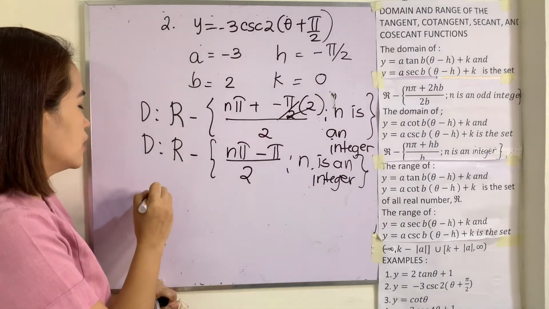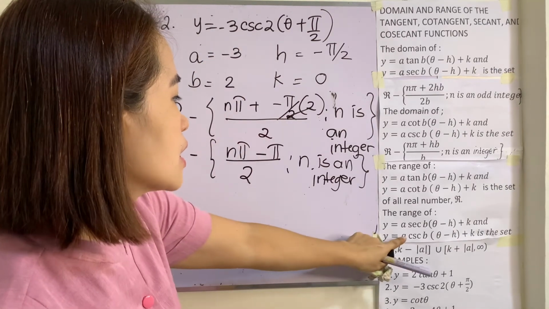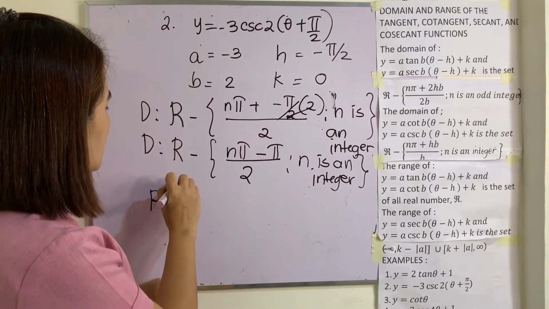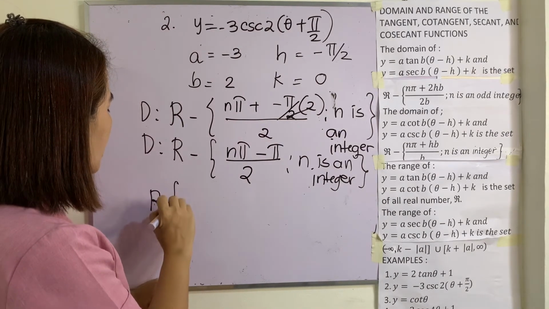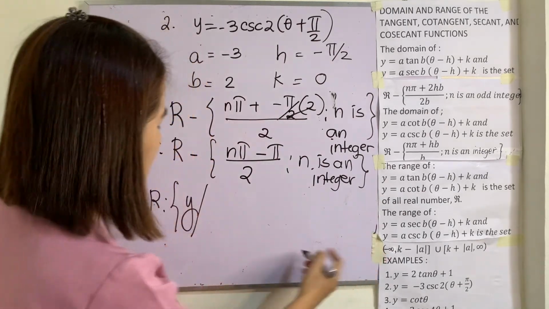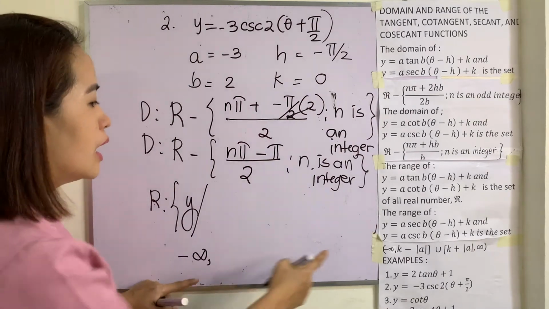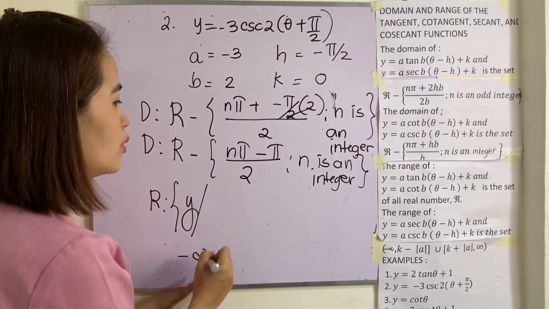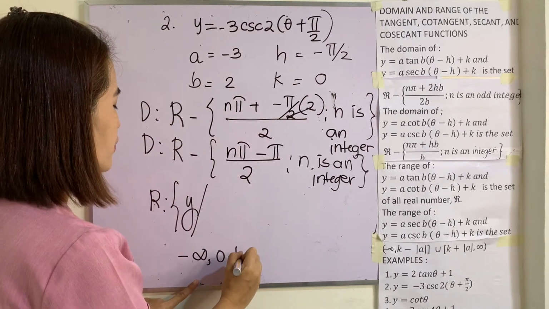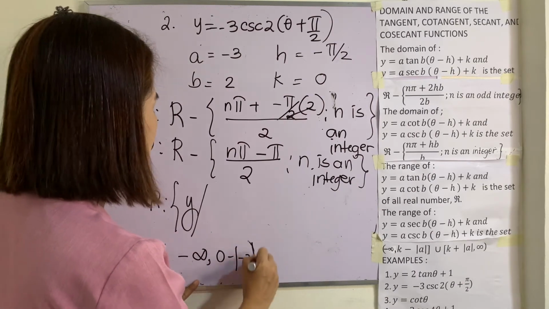For our range, we have to look for cosecant. Where is cosecant? This one is the cosecant. The range of the cosecant will be the set of all y such that, of course, this one is negative infinity, comma, k, our k is 0, minus the absolute value of a.